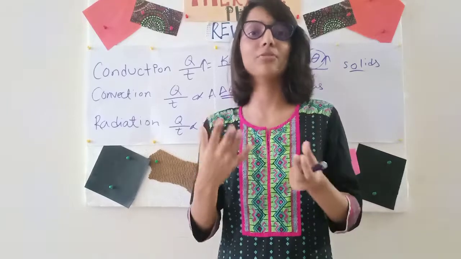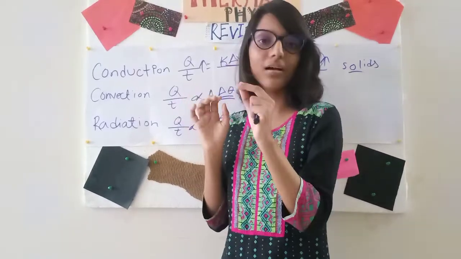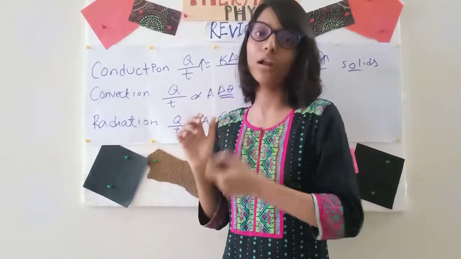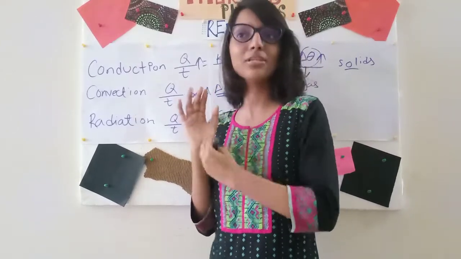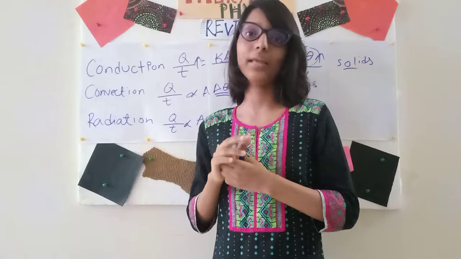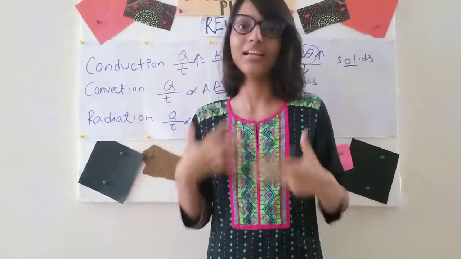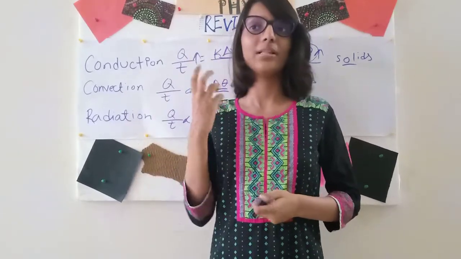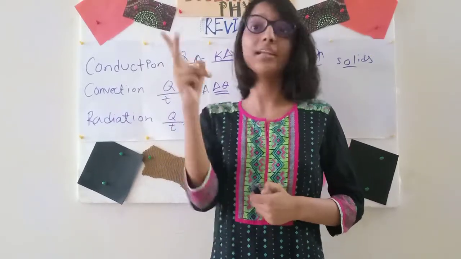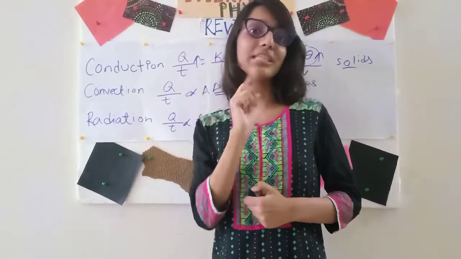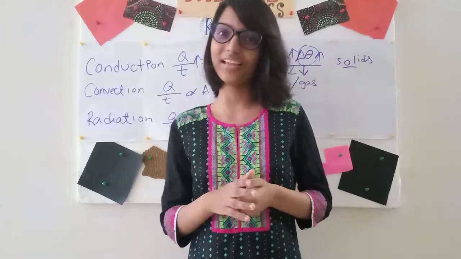The rate of heat transfer from my hand to the metal doorknob will be more than from my hand to the wooden door. Since I am losing heat faster, the metal doorknob seems much colder than the wooden door, despite both being at the same temperature. Interesting, right?